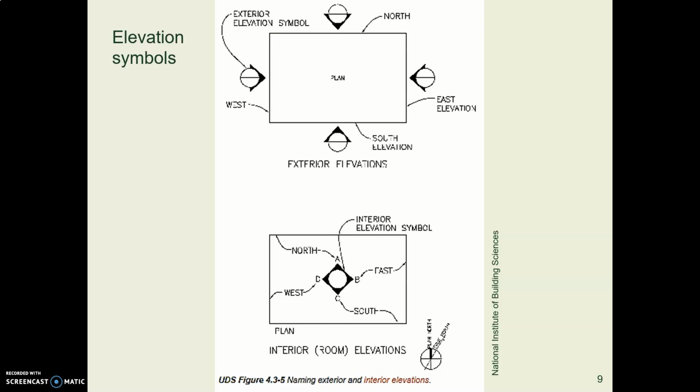Here's another example from the CAD standard, showing these view arrows around the plan. Now, as you saw last time when we looked at a plan view of Building 15, you can also put these view arrows inside a room and then refer the reader to where they are going to find interior elevations.